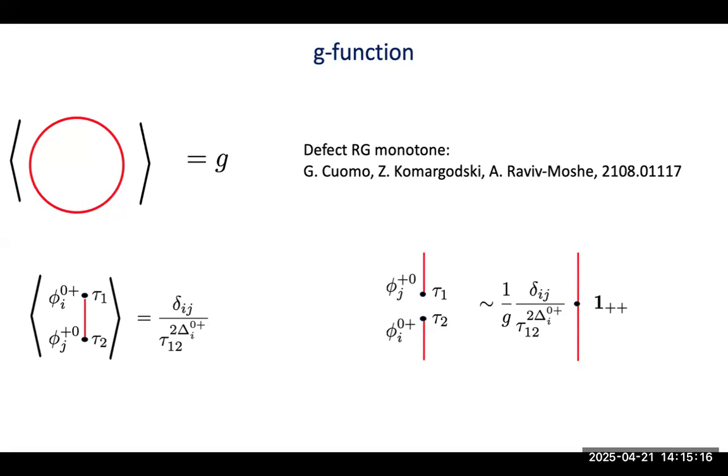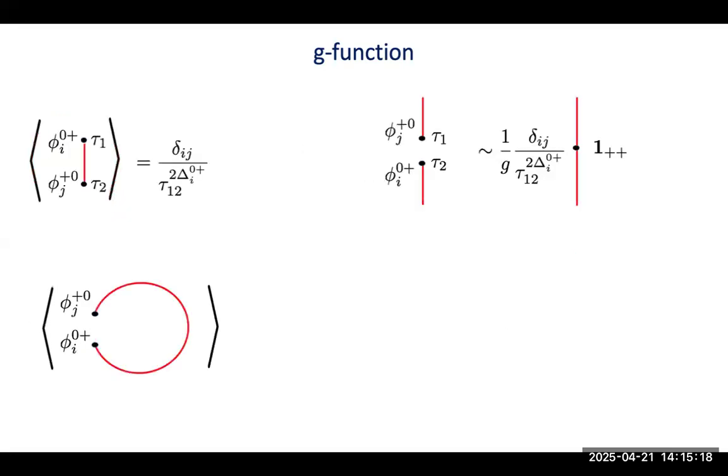It turns out it appears exactly with coefficient 1 over g. One way to think about it is to consider not a full circle, but a circle minus a small segment, right? And bring these two endpoints together. You use this operator product expansion with 1 over g, so you're going to get 1 over g times the full circle, which is g. So that works out.